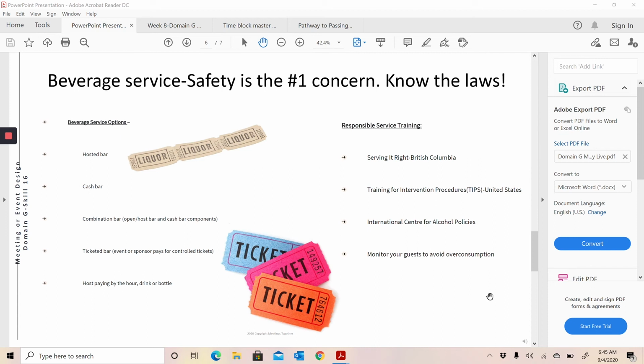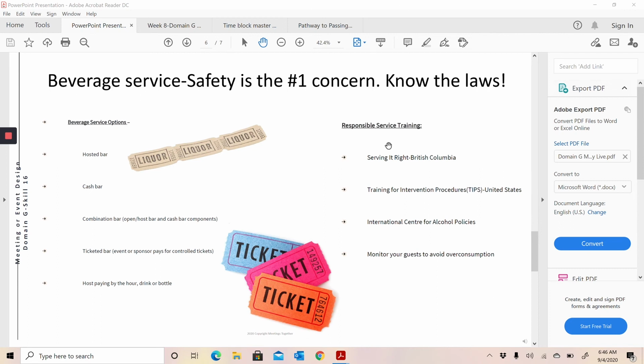You are responsible. The event professional is responsible. So make sure that you know the laws and that you are comfortable with your hosting, and to make sure that everybody stays safe, because safety is the number one priority of your attendees.